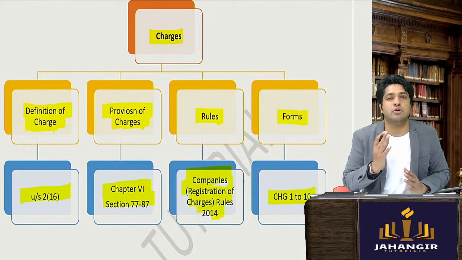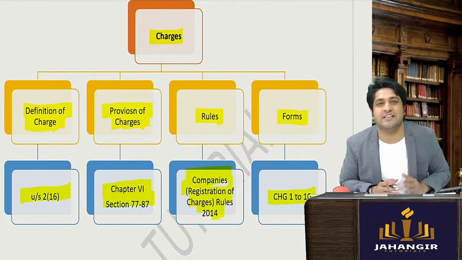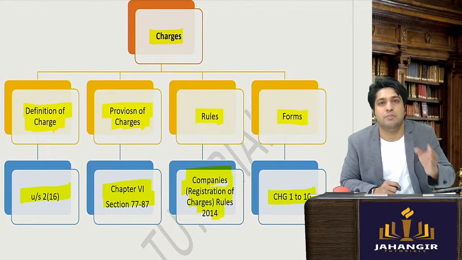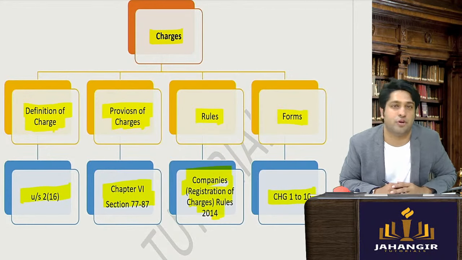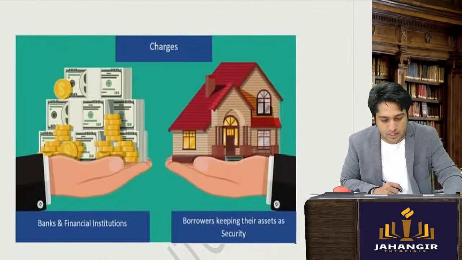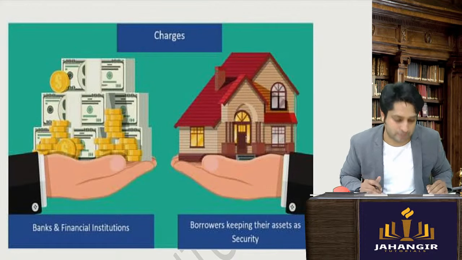You think you will be able to remember and memorize all the forms? Wait till the end of the video. You will be a master of all the forms and will know all the sections on the tip of your tongue. Okay. Now, let's understand the concept of charge.